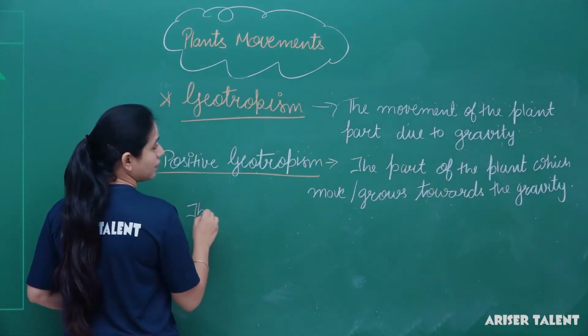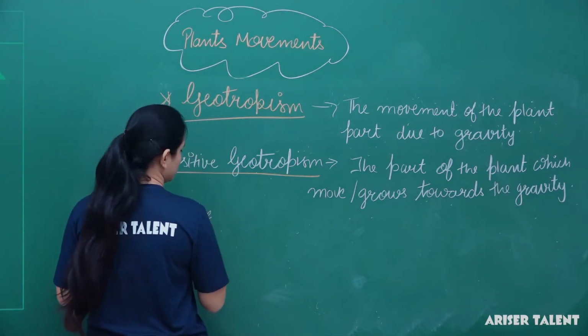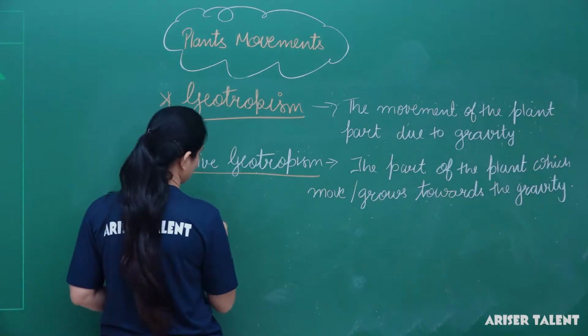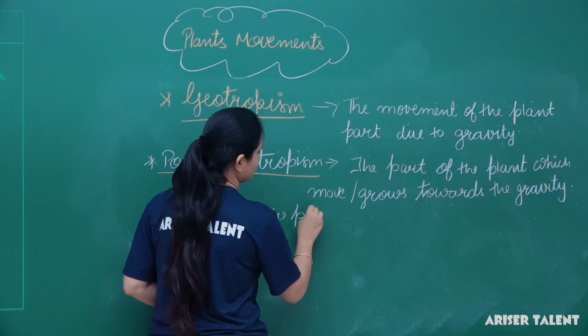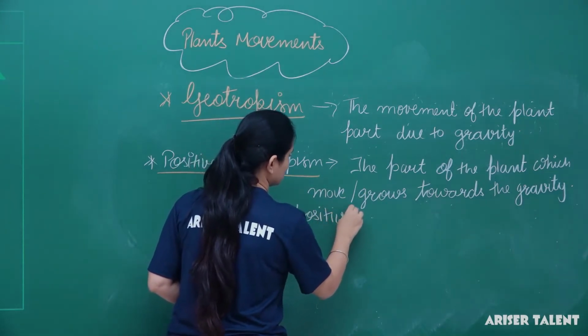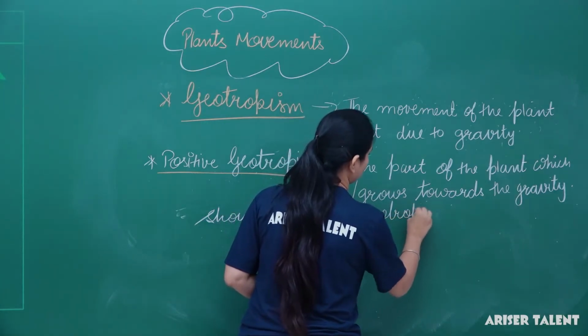The part of the plant which moves towards the gravity shows positive geotropism.